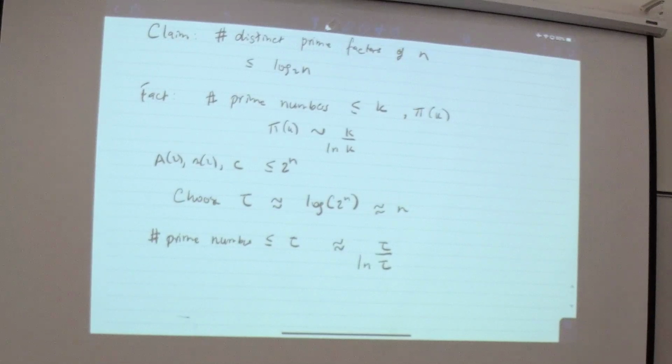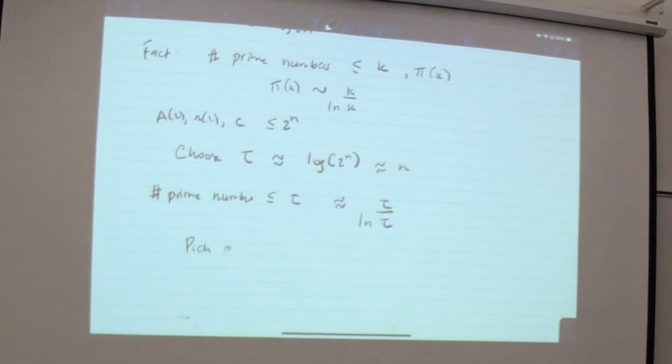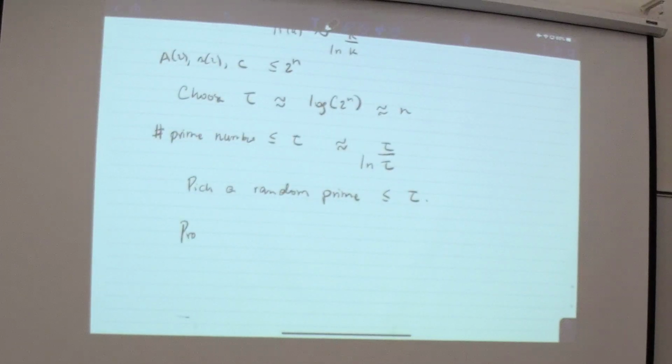So pick a random prime P. Now we can ask ourselves, what is the probability that A(2) mod P is equal to B(2) mod P, given that A(2) is not equal to B(2)?